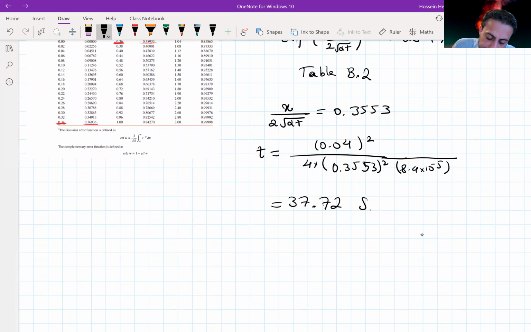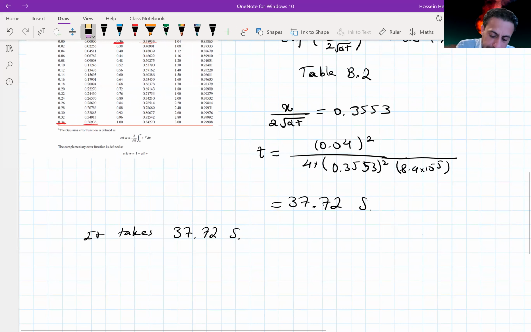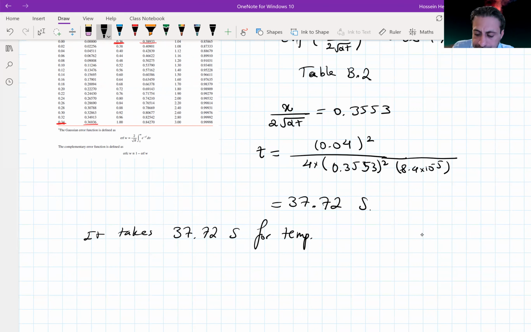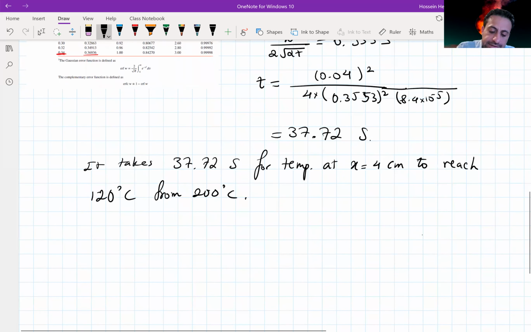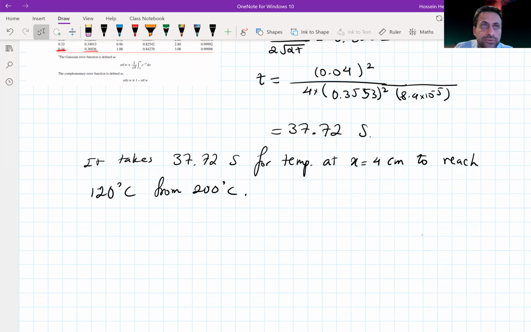So what it means here is it takes 37.72 seconds for the temperature at x equal to 4 centimeters to reach 120 degrees C from 200 degrees C. Initially it was at 200 degrees C, and now it takes 37.72 seconds to reach there.